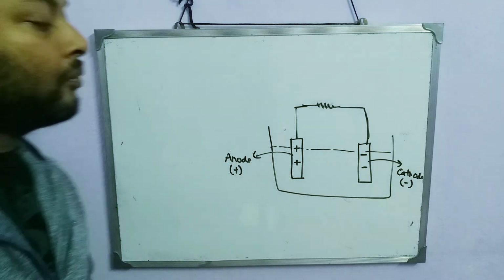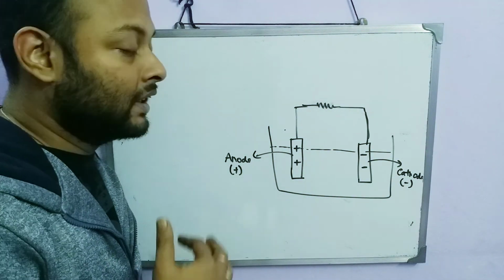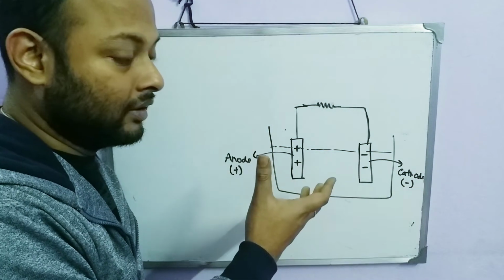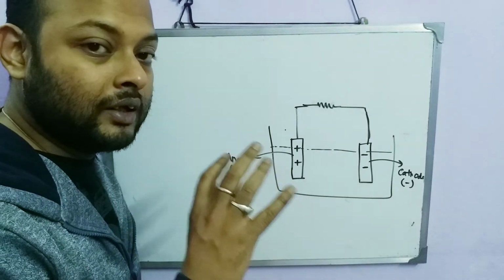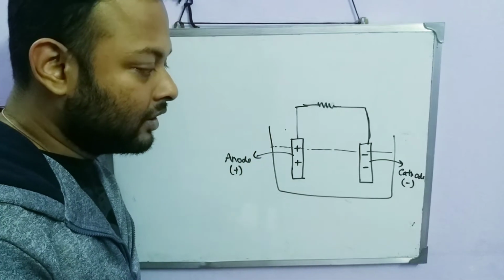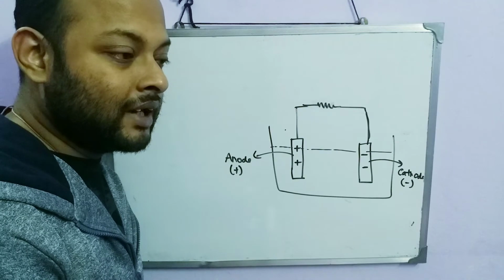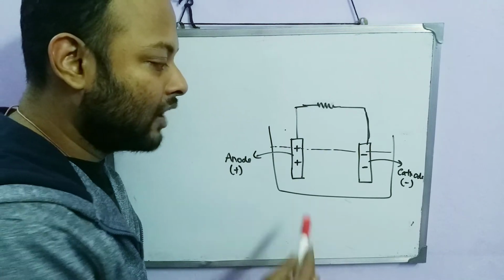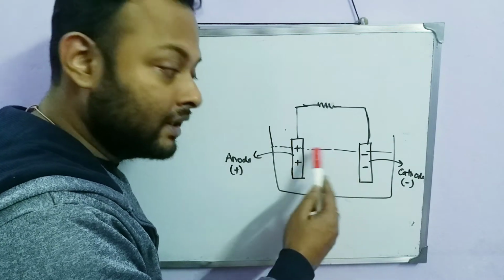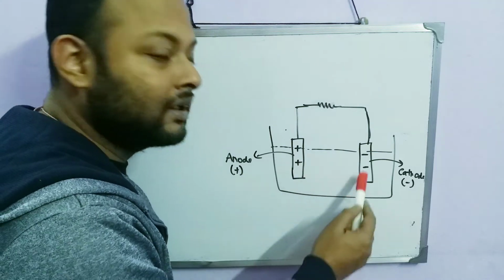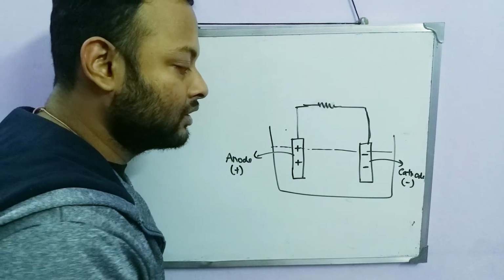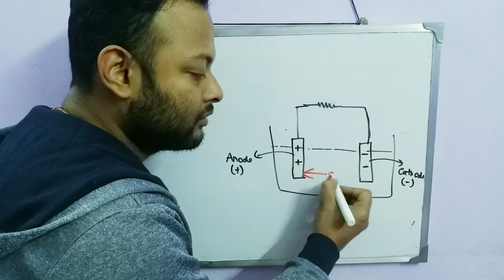Now if I compare terminal voltage and EMF, it will be better for you to understand. EMF is the potential difference across the electrodes inside the cell, or inside the electrolyte. So this was my EMF.